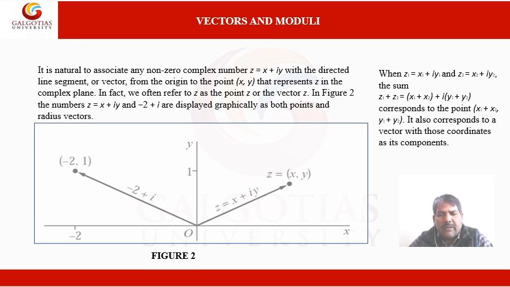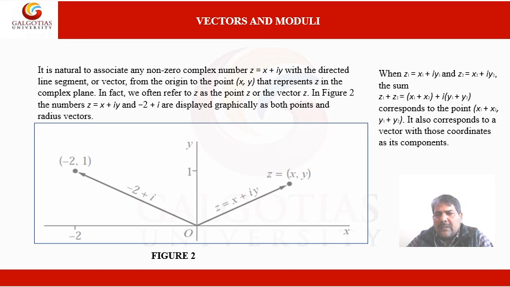As we see here in the figure, this point z is represented as x plus iy, a general point, and a specific point is represented here as (-2, 1). So in this direction we see -2 units, and in this direction we see 1 unit. So this is a specific point (-2, 1), while the other is a general point in the complex plane.